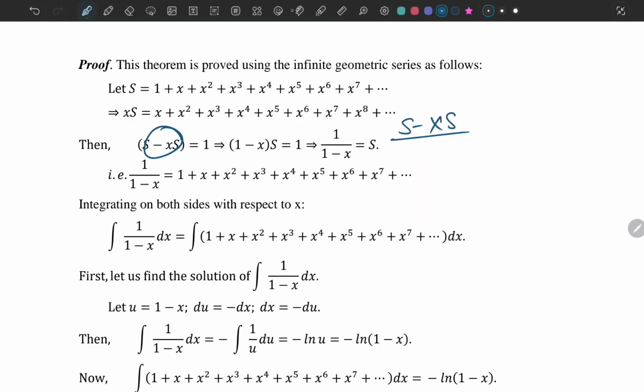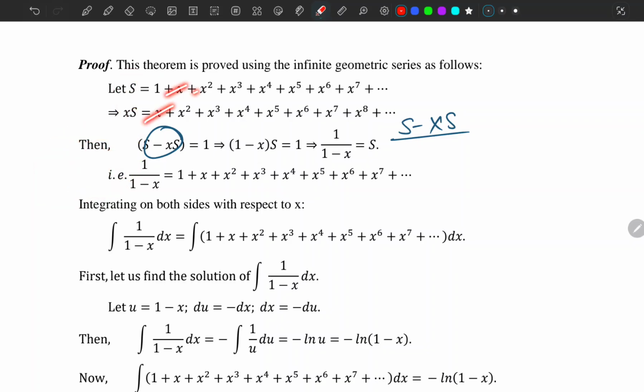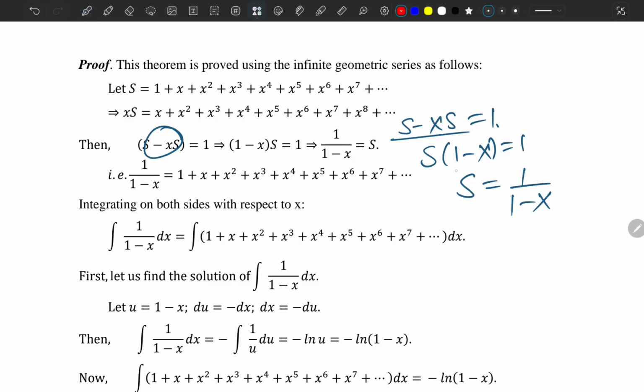When you subtract this one from this one, the crazy part is that x minus x, x square minus x square, x cube minus x cube, and this goes up to infinity, and we are left with 1. So when you take s common here, 1 minus x times s equals 1, hence s comes out to be 1 over 1 minus x.